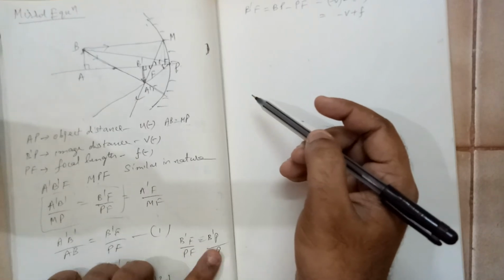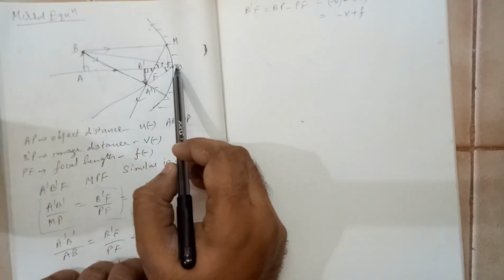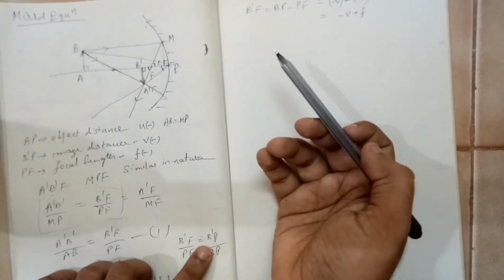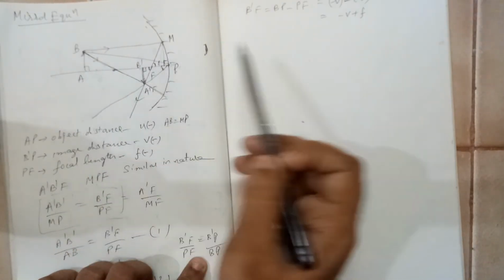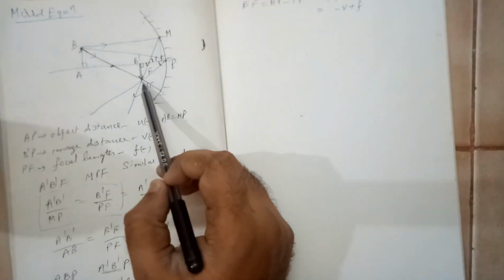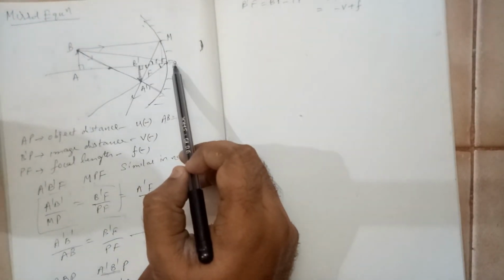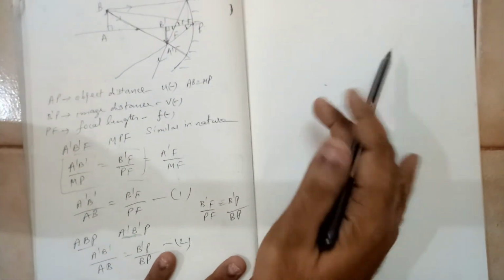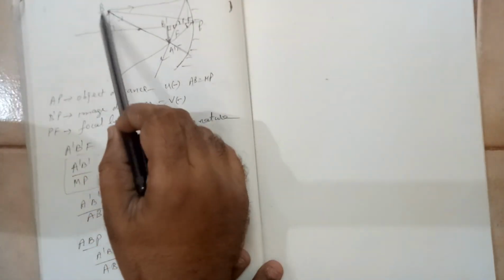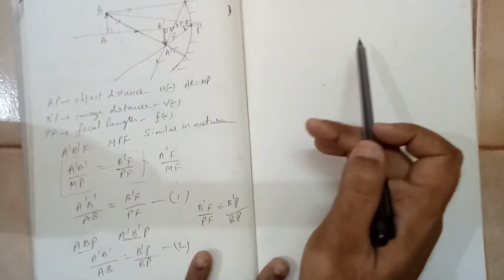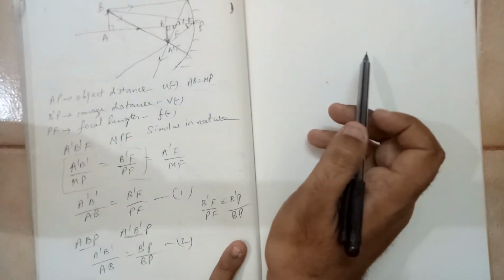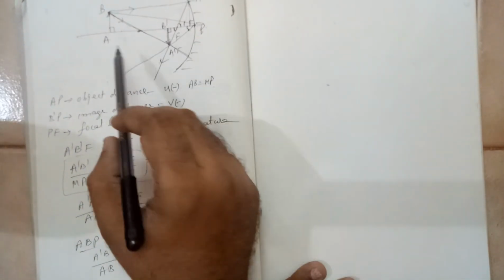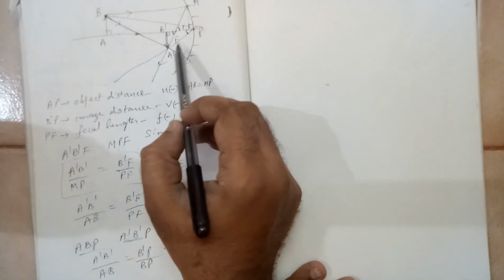Okay, now B dash P. B dash P, we already know, is the image distance. Wait a minute, here we have taken ABP. We have to be a little careful over here.